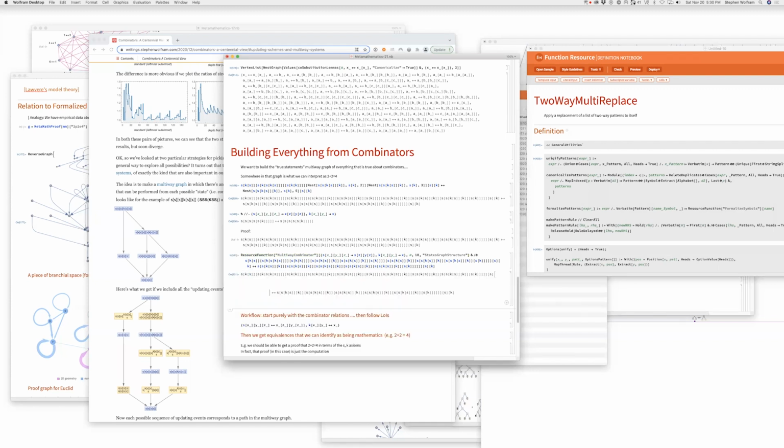Multi-way combinator. Oh, you're mapping over each one. Okay.